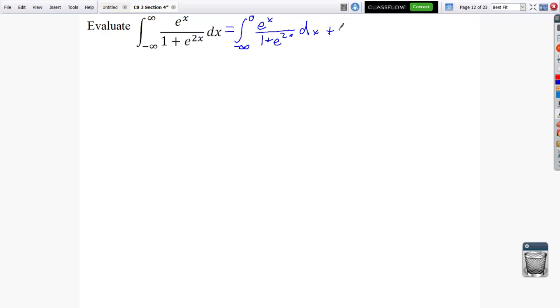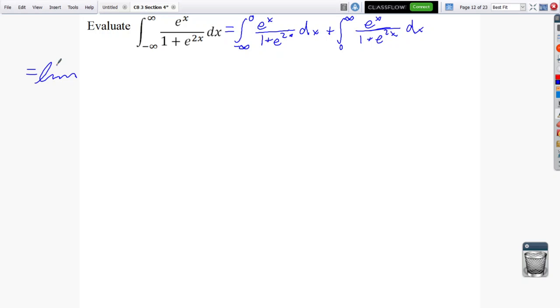Add to it, since I used my placeholder as 0, the integral with my lower limit as 0 and my upper limit as infinity, e to the x over 1 plus e to the 2x dx. Now we recognize that since we have two integrals with infinite limits, we have to do two limits here. So we need to limitize both integrals.